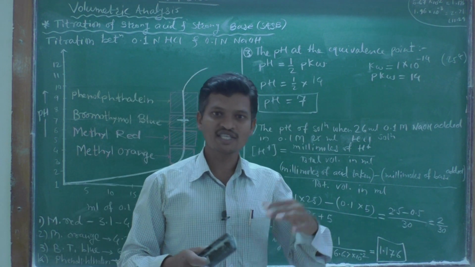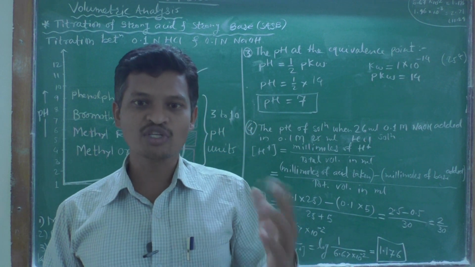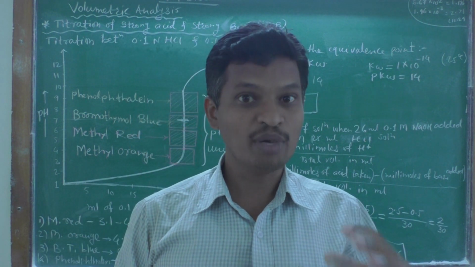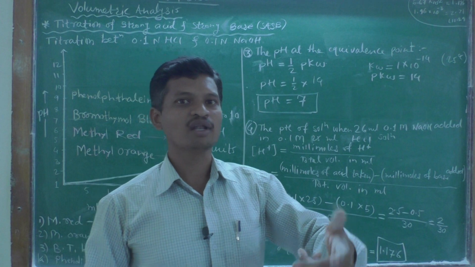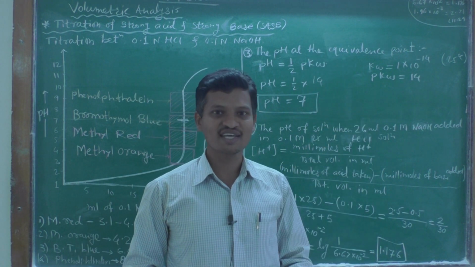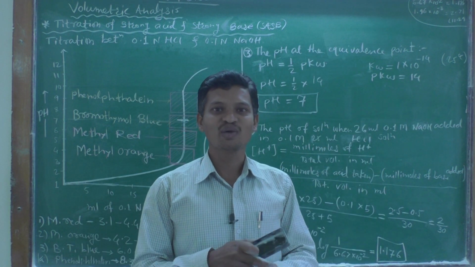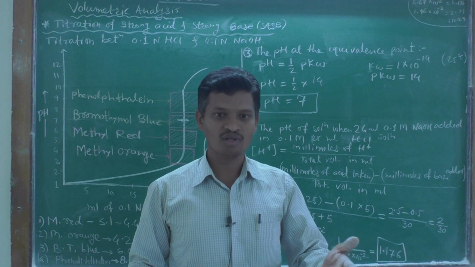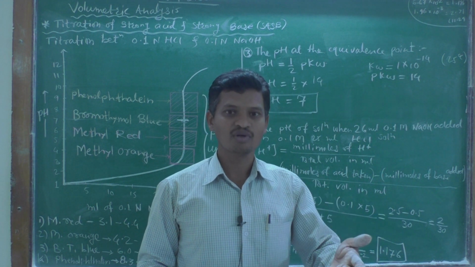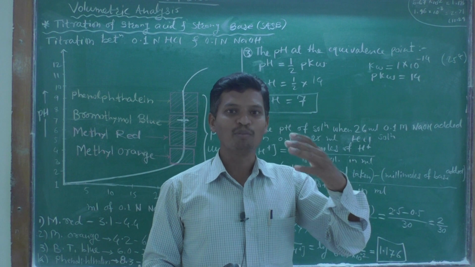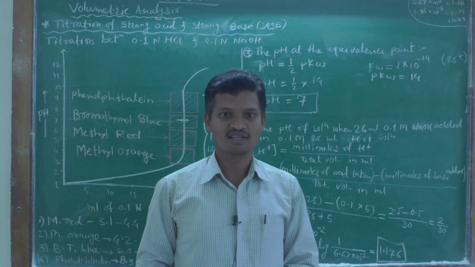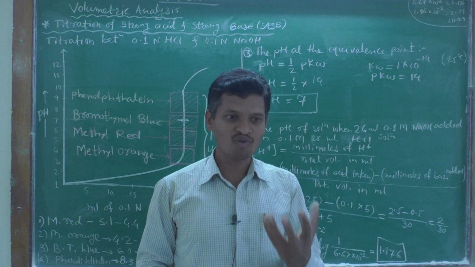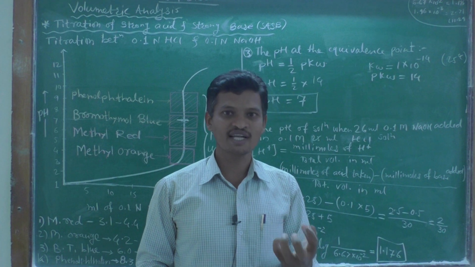So no more excess of H plus ions and no more excess of OH minus ions are there in the solution. But when we are adding 1 more ml of NaOH, in this case obviously this is the case after equivalence point, means the base is more in conical flask because the volume of acid taken is fixed, that is 25 ml.